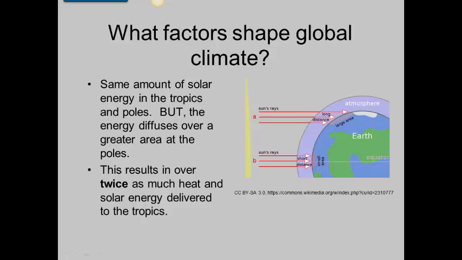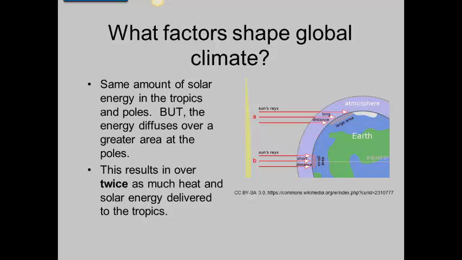This means that there's over twice as much heat and solar energy being delivered to the tropical locations on our planet, the areas close to the equator, as is being delivered to the poles, the northern and the southern regions of our planet.